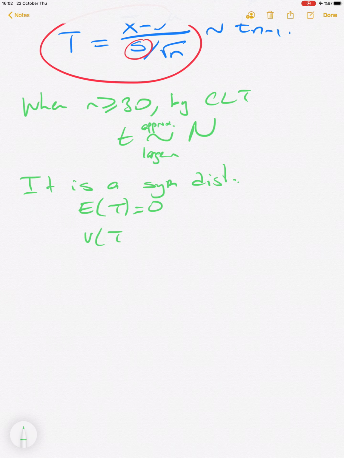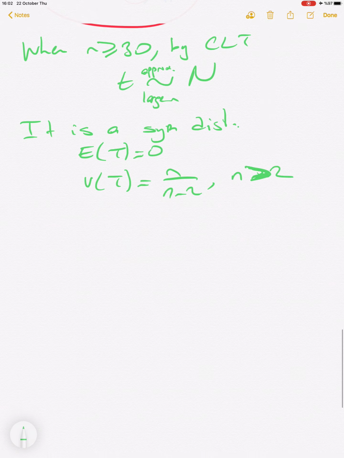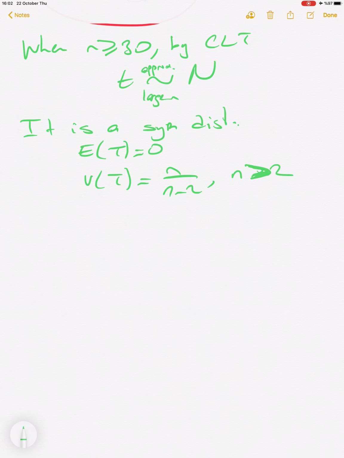When we consider the variance of t, it is nu over nu minus 2. So here the degrees of freedom should be greater than 2, not equal, because then the variance will not be found in that case.